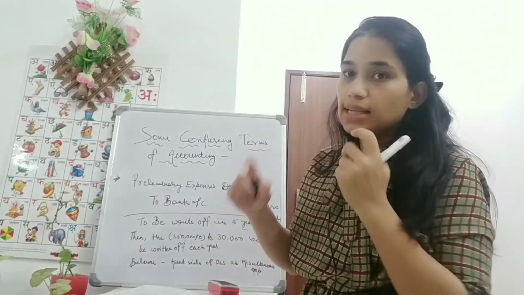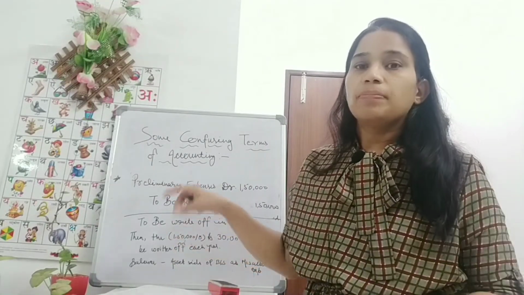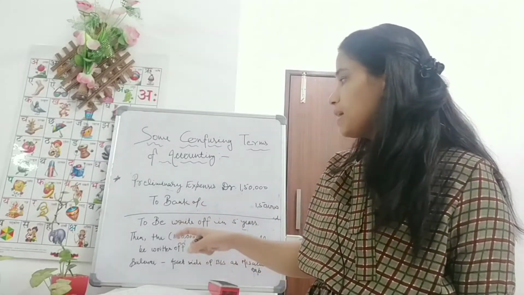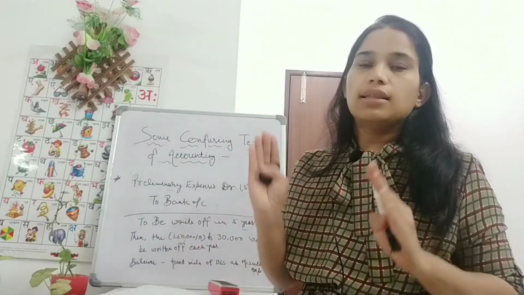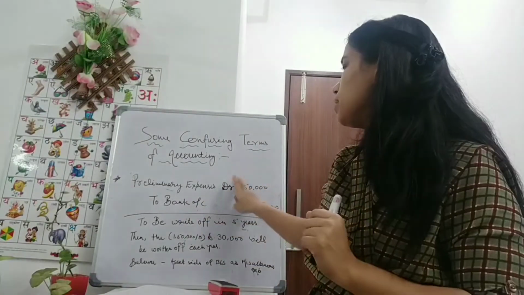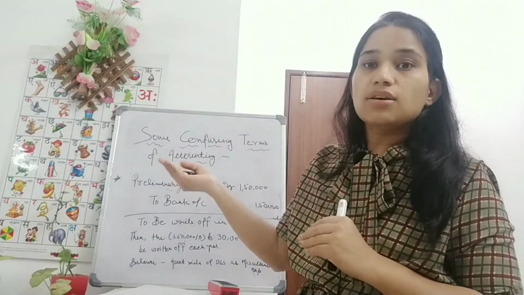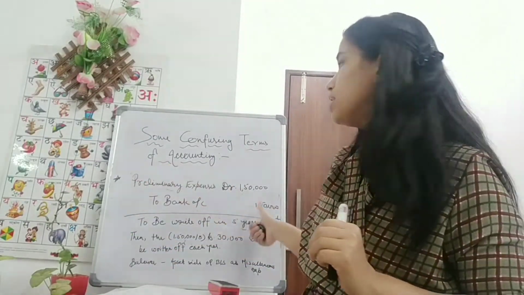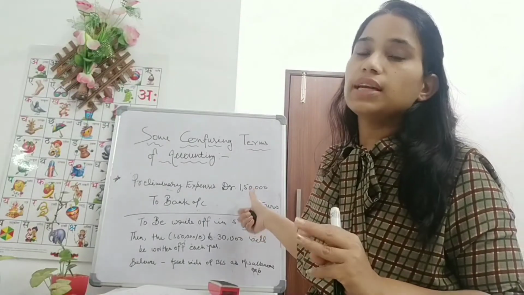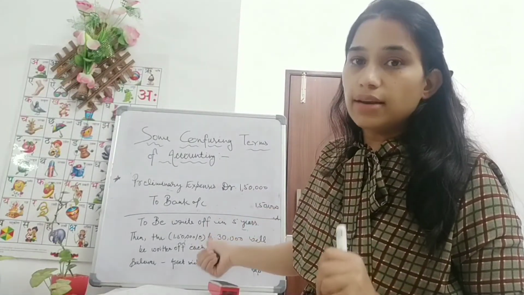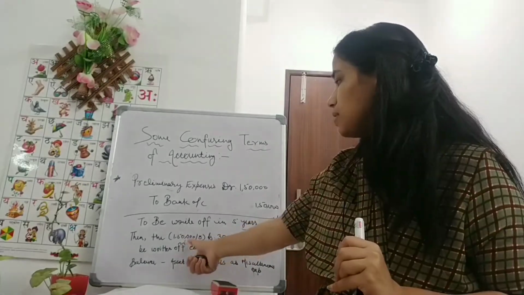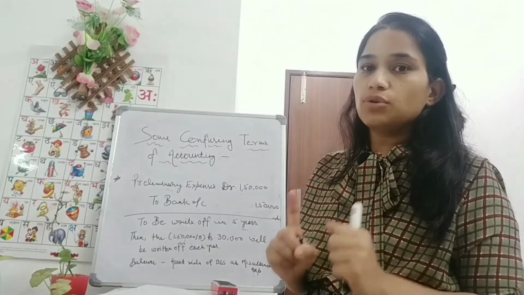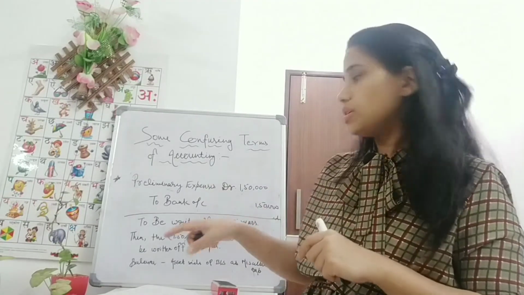But as I said, companies write off these expenses year by year. So how will they do this? The company has decided that they will write off these particular expenses in the next 5 years. If they write off 1,50,000 rupees from their net profit over 5 years, then as per calculation, the company is going to write off 30,000 rupees every year, which is 1,50,000 divided by 5.